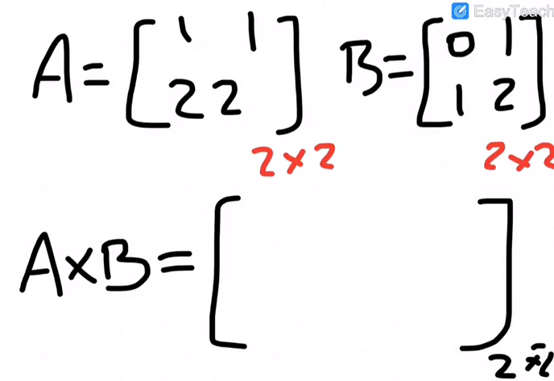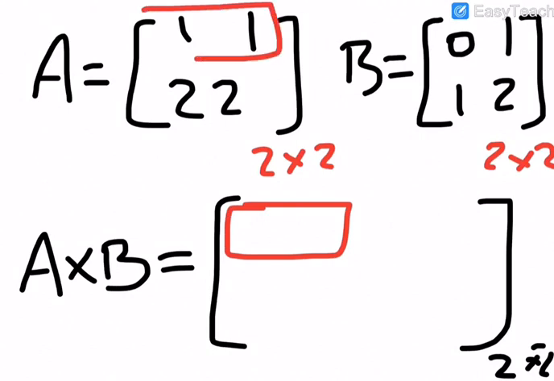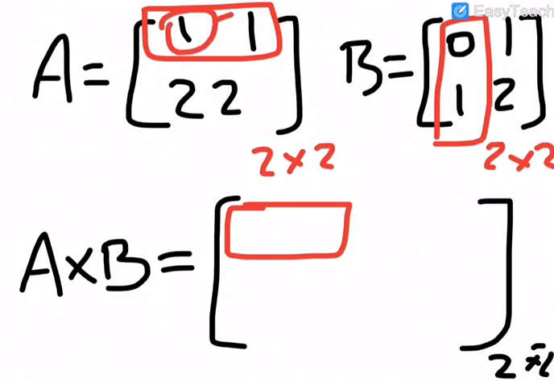Okay, how do we get the first element? We do it like this. We take the first row and the first column, multiply and sum. 1 multiplied by 0 plus 1 multiplied by 1, so it's going to be 1.